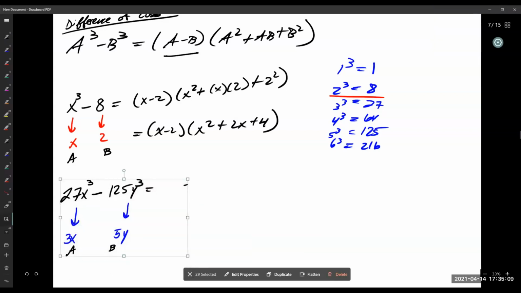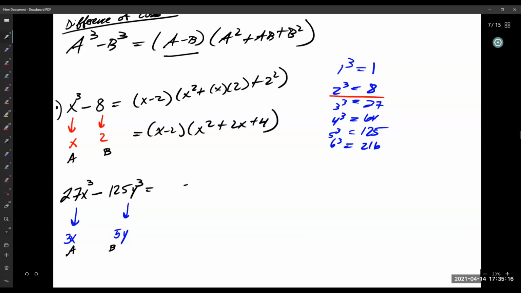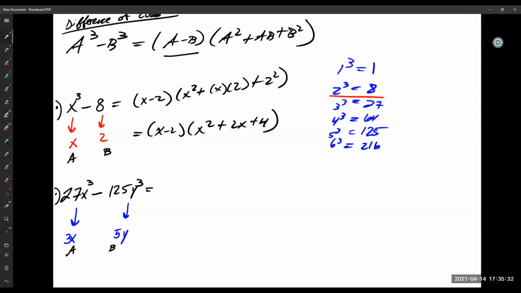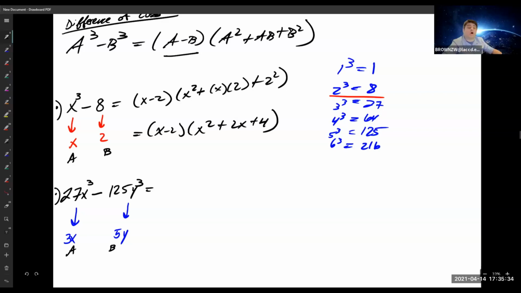I'm sorry to interrupt. Before you go more into the problem, you know how you have 27x to the third and then 125y to the third? On the one above it, it was x to the third minus 8, but it didn't have a third power at the top. Well, 8 itself is already a perfect cube, right? 8 is a cube of 2. So this is only a specific thing.